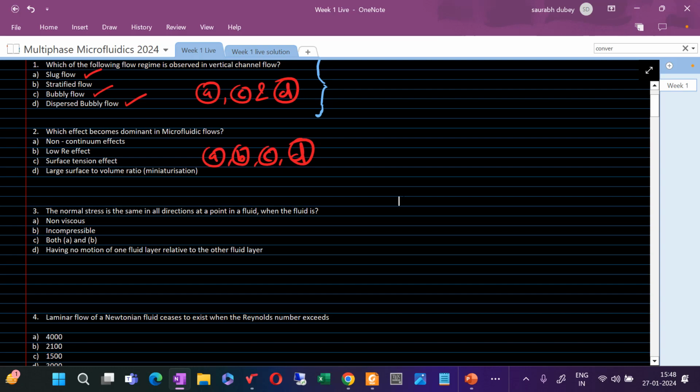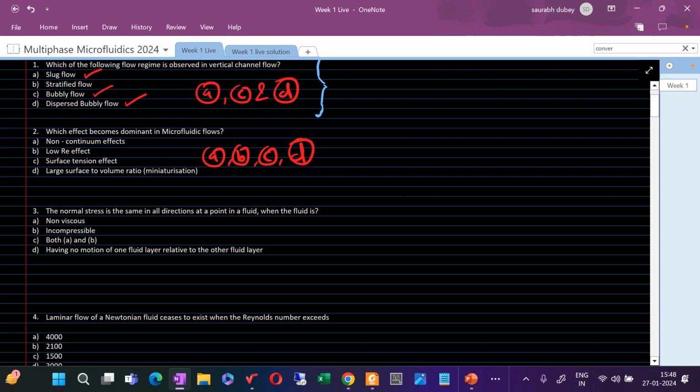So I think it is the option about no motion of fluid layers. Sometimes there will be multiple choice where all options can be correct or only one option can be correct, but in the quizzes I think only one option is correct. In the assignment, yes, only one is correct.